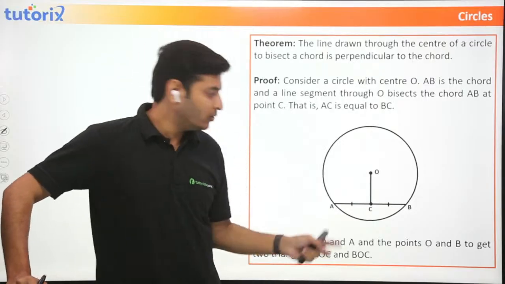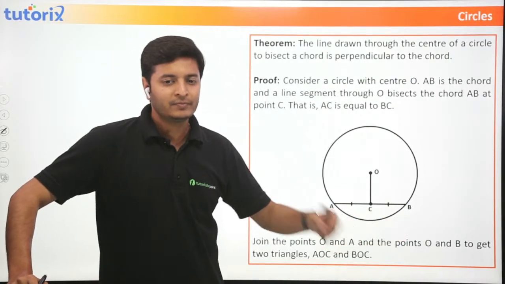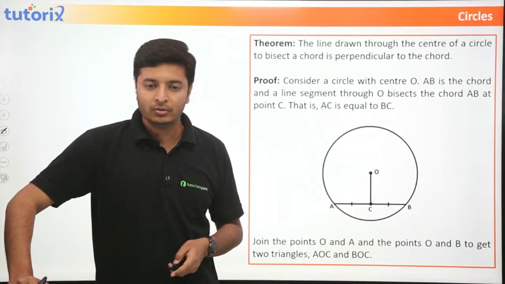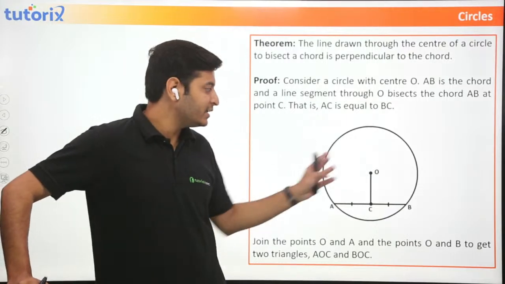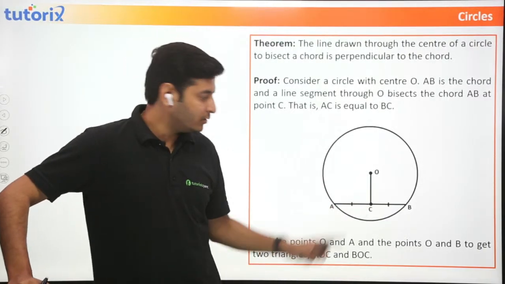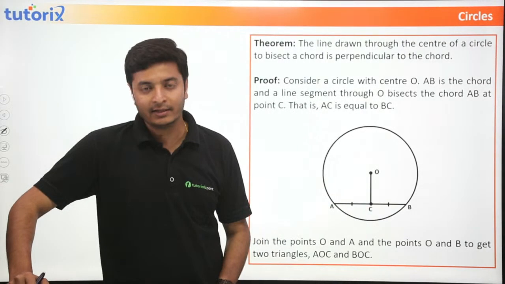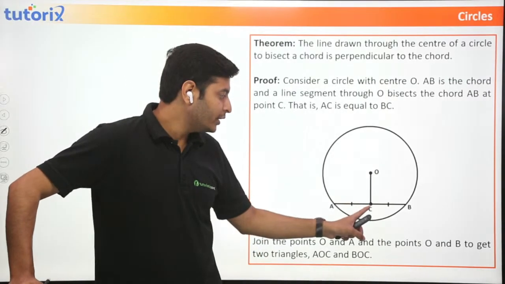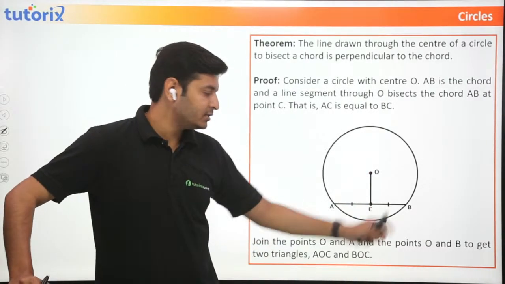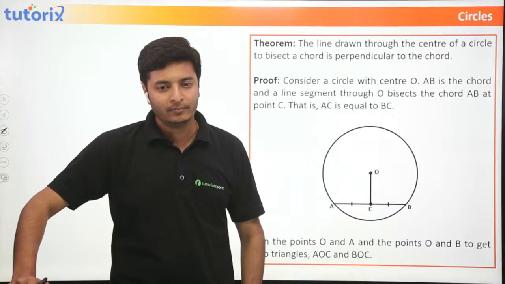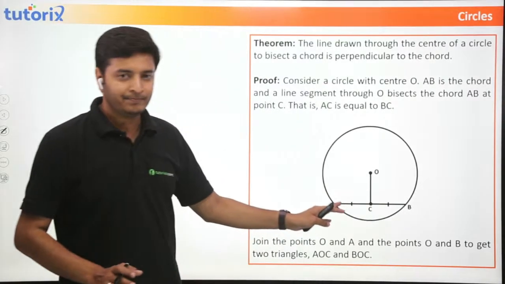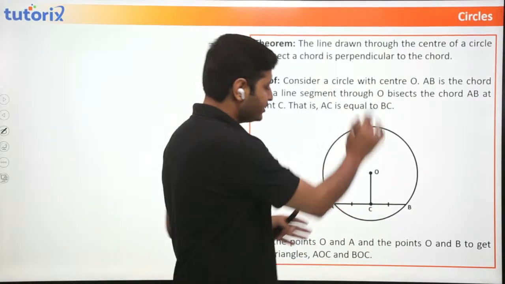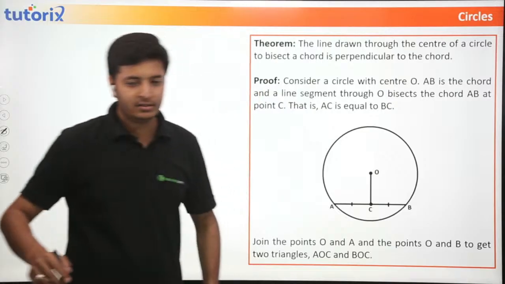Then AB is the chord like this. Then a line segment from point O you are going to draw in such a way that it is bisecting the chord AB. The point of intersection of this line and this chord is point C. Everything you need to write like this. Then according to this statement, AC is equal to BC.